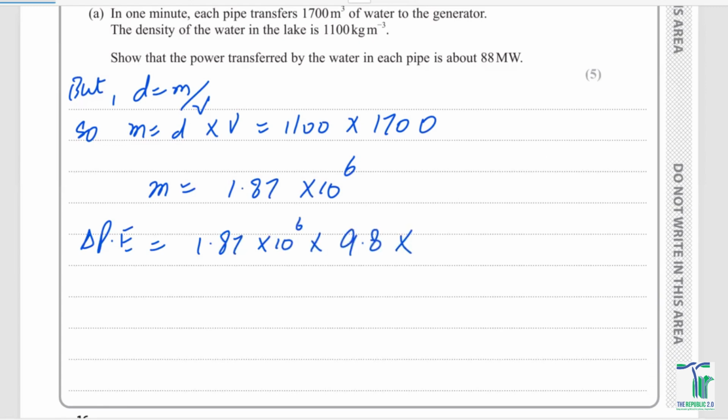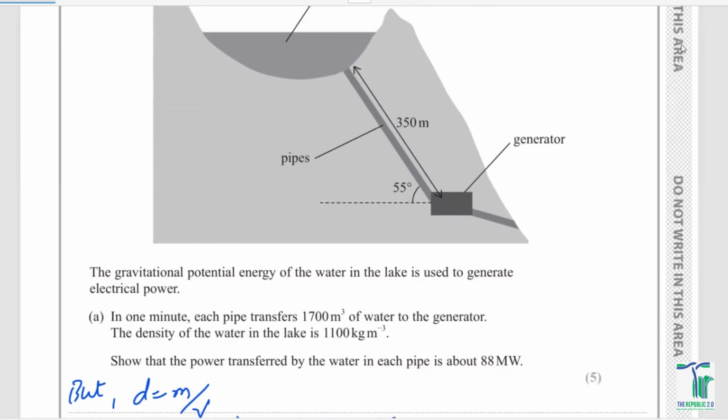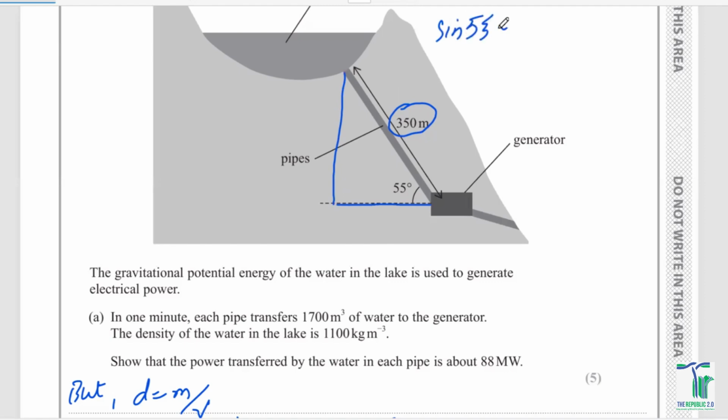Now you can see that the height of these pipes is not perfectly vertical. They have given you 350 meters and an angle. If you want this height, it is basically the opposite side of this 55 degrees. So if I use sine, sine 55 equals opposite, which is the height, divided by 350.